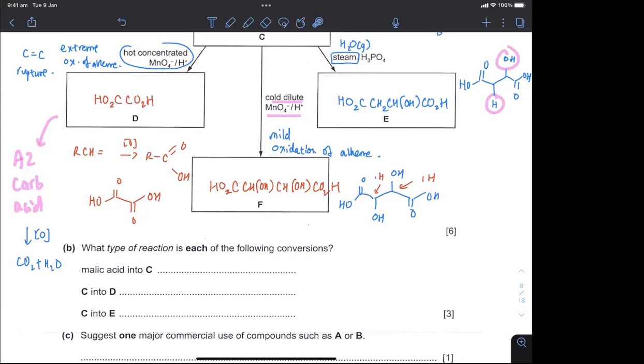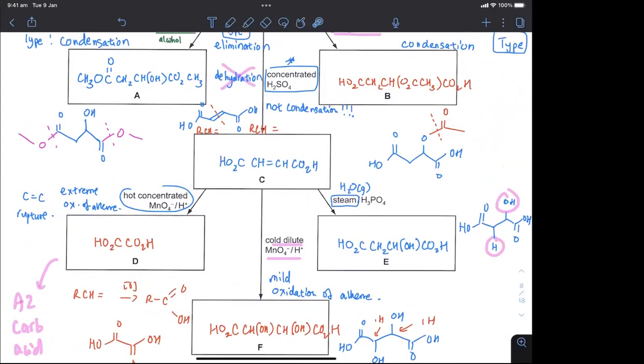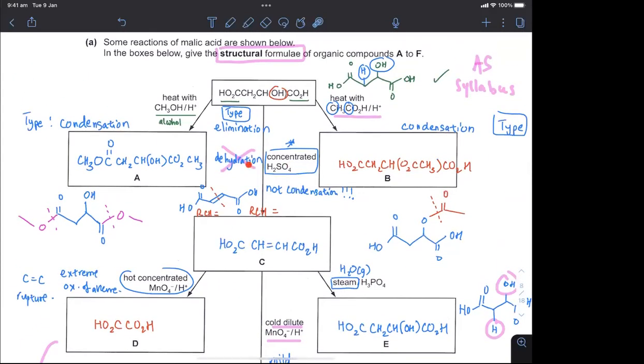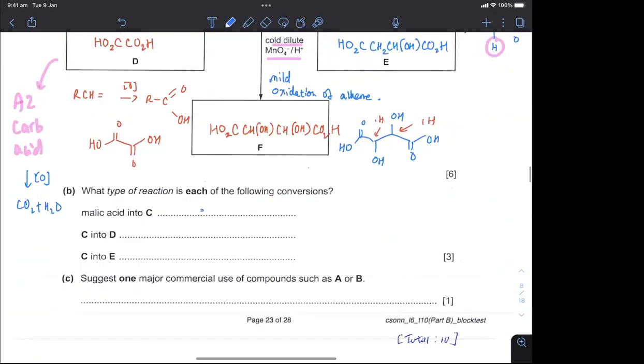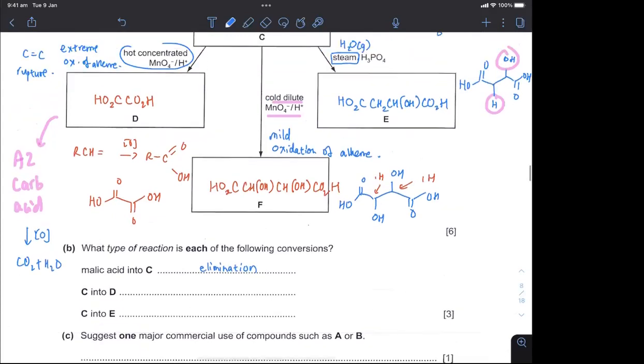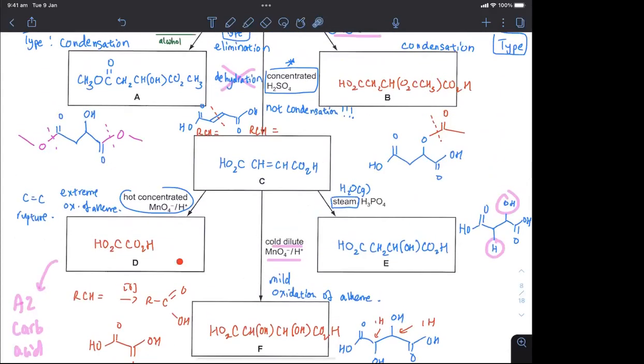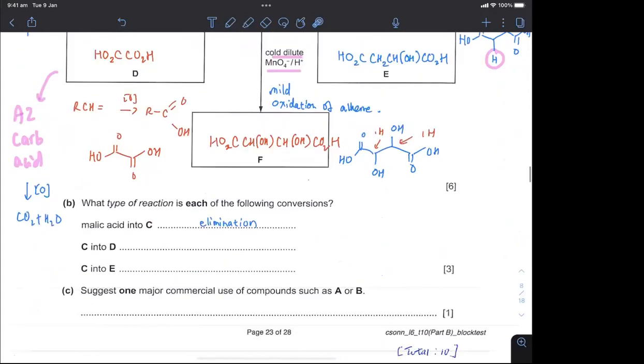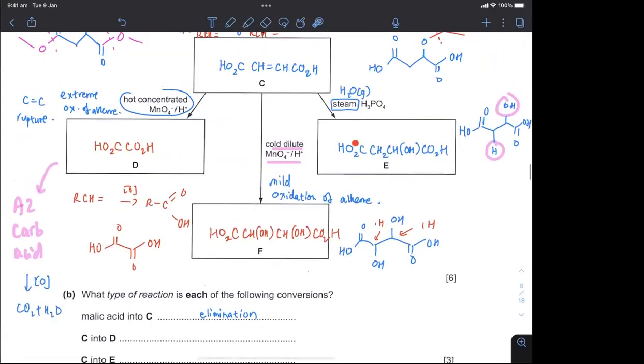Okay, now what type of reactions? Remember just now, forming the ester, malic acid, oops, sorry, this one into the C, this is not dehydration, what you call elimination. What type of reactions? You can check out in the AS Introductory Organic Chemistry syllabus, yeah? C into D is your oxidation, and then C into E is not oxidation.